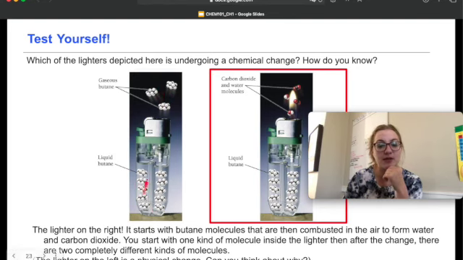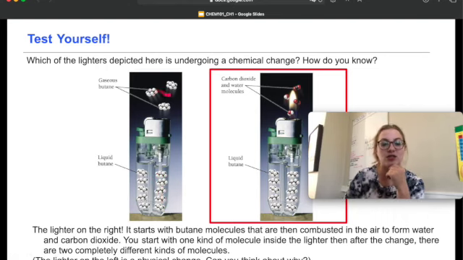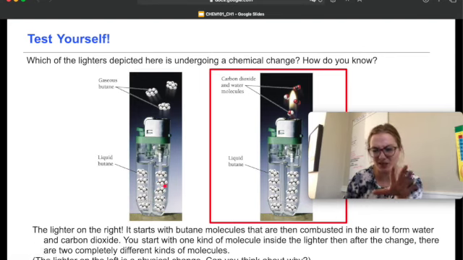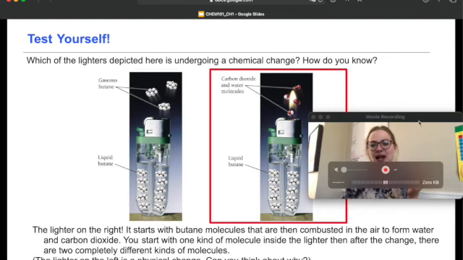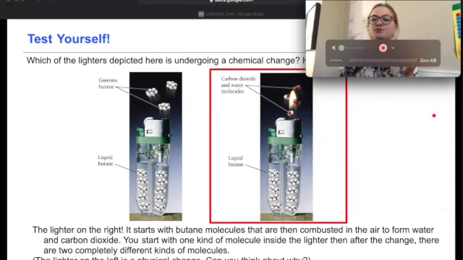So you can see down here, I have the same molecule, all of just these carbons and hydrogens hooked together inside the lighter as I do outside the lighter. However, you can see that this is a liquid. Those molecules are relatively tightly packed together, interacting with each other, the best that we can depict in this situation. Whereas up here, we can see that they're spread out far apart from each other, so that represents a gas and a physical change.